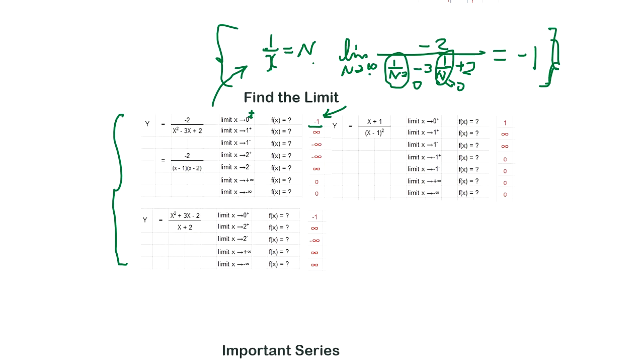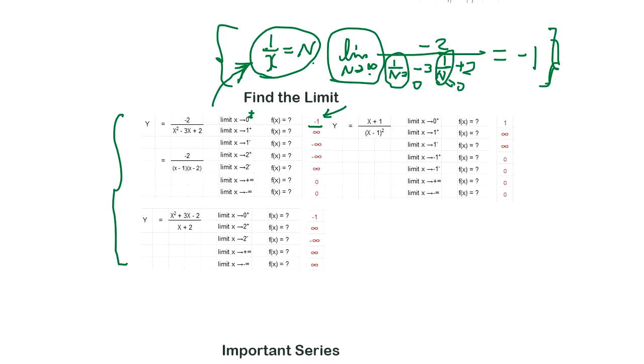What you do is you rewrite it this way: limit as n goes to infinity, and replace x with n. So n goes to infinity means 1 over x goes to 0.